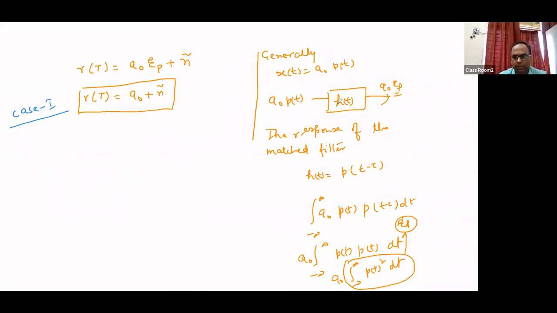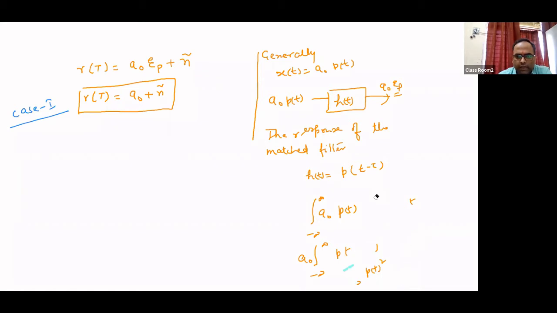I'm showing this because we should know why we are writing r(t) is equal to A naught EP plus n tilde. This is the transmitted signal plus noise, so it can be a received signal. And why is this EP coming into the picture? Because of the matched filter. I hope this is clear to you all.